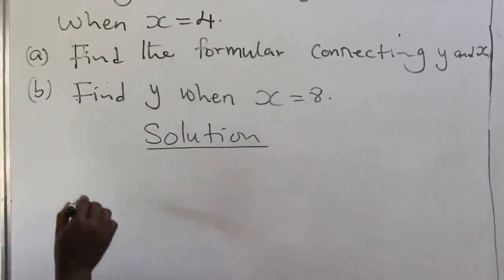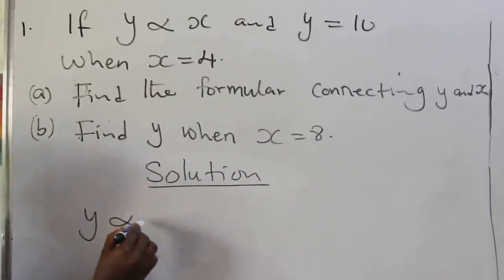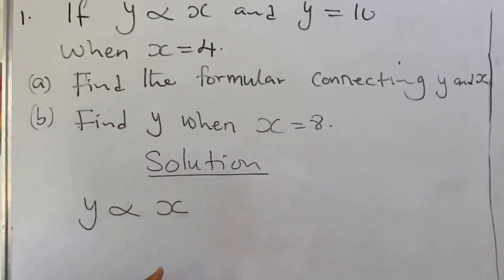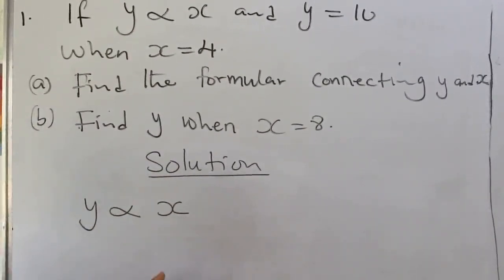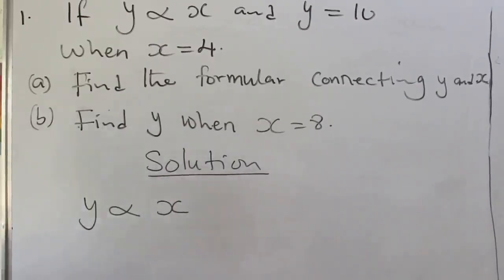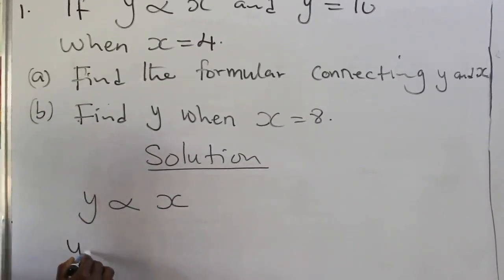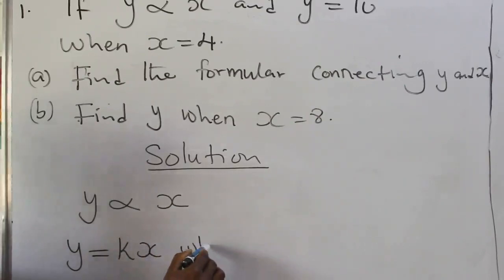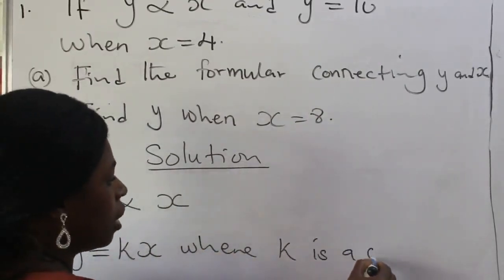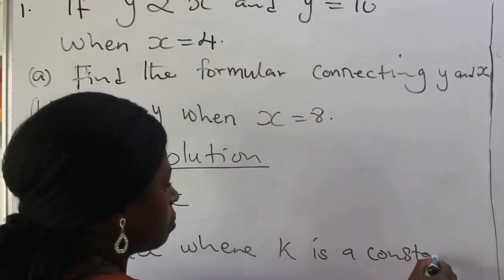Remember, the question is Y varies directly as X. As you introduce a constant, this sign of variation will change to an equality sign. So we say Y is equal to KX, where K is a constant.